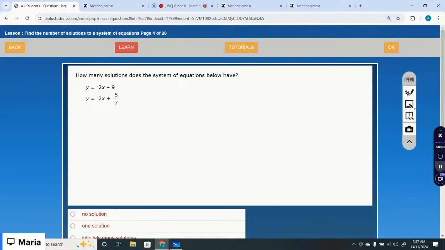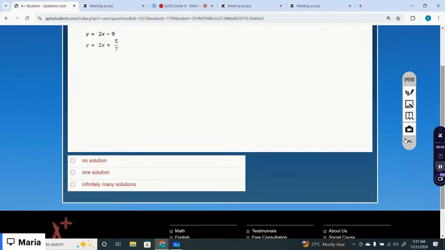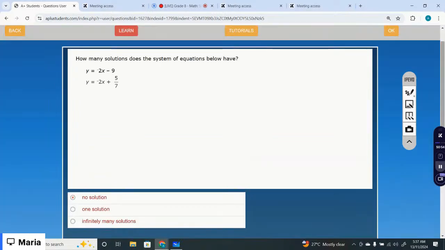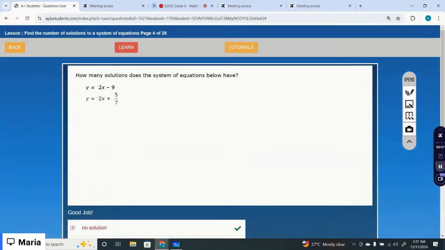So they have same slope, right? That means the equations are parallel, no solution, right? Option number 1 is the correct option.